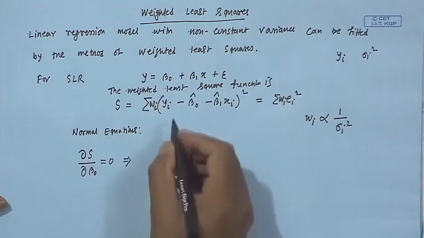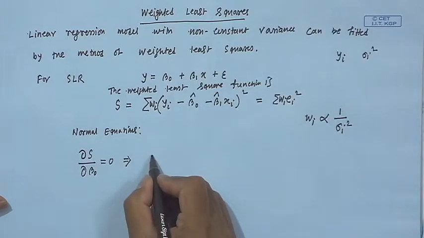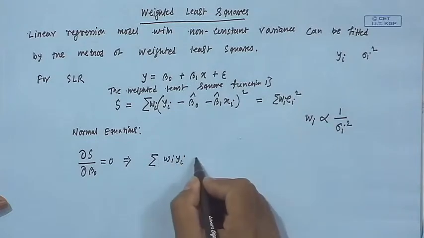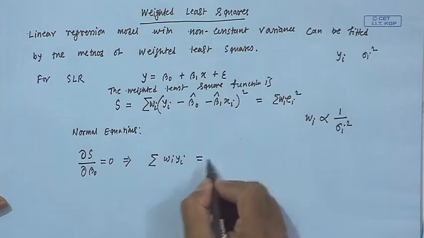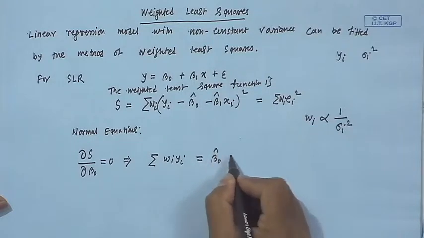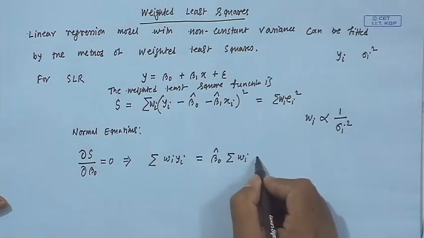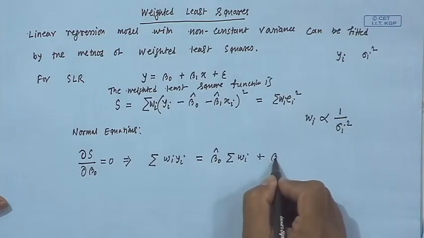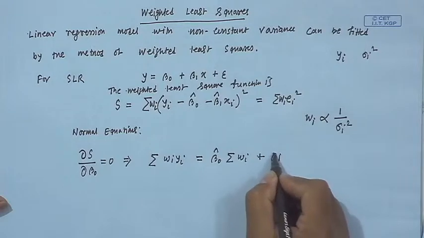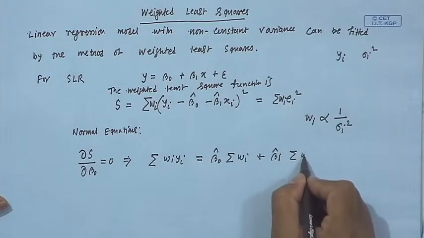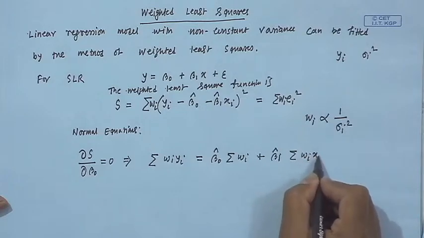This gives summation w i y i equal to beta naught hat summation w i plus beta 1 hat summation w i x i.